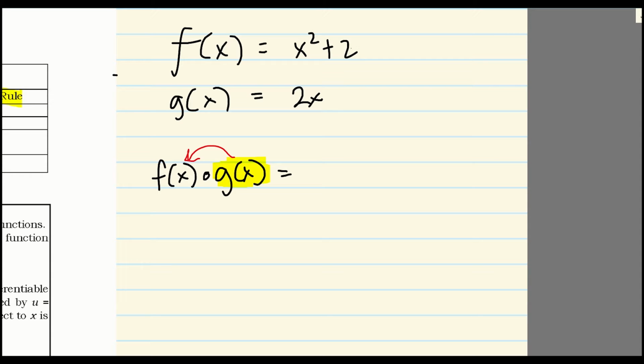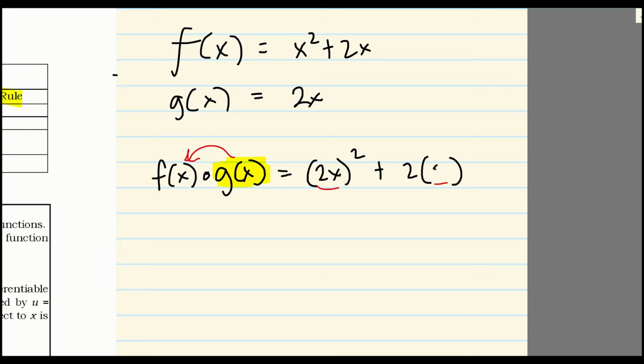So I will change the example into 2x like that. I will change all the x's of f of x into g of x. So, just like here, square plus 2. Those are the blanks, the x's of f of x, and then I will change them to g of x.